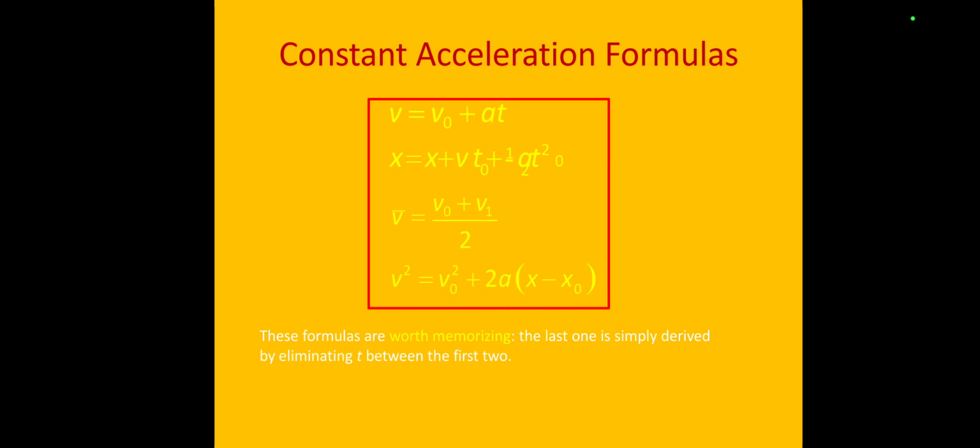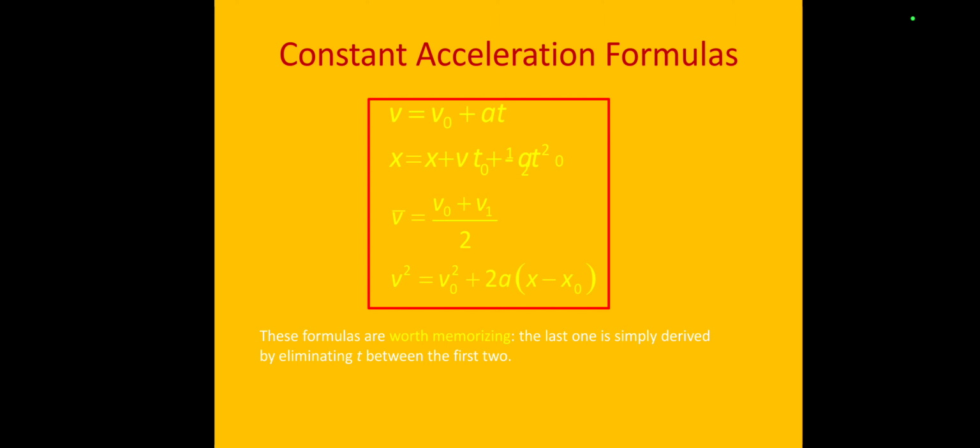Here are the constant acceleration formulas, which are very well known as the kinematical equations. Here v equal to v naught plus a t, in which v is the final velocity, v naught is the initial velocity, a is acceleration, and t is time.